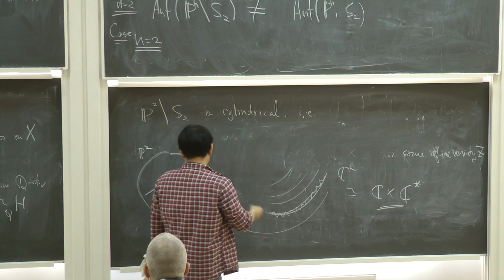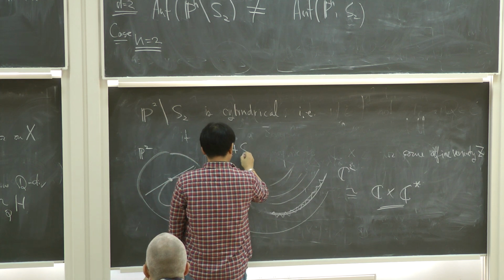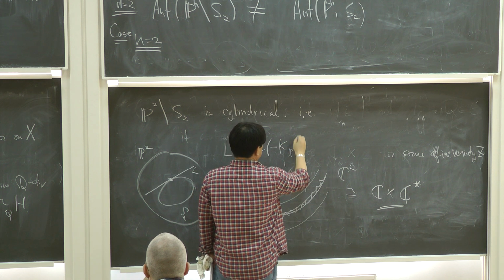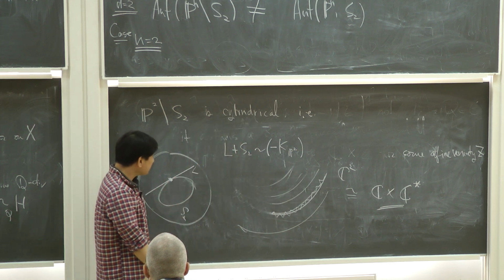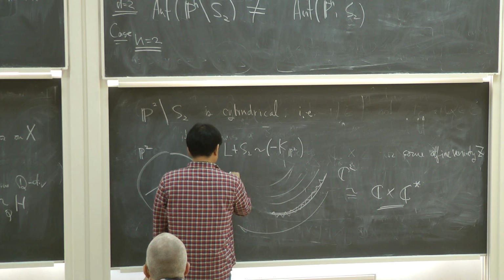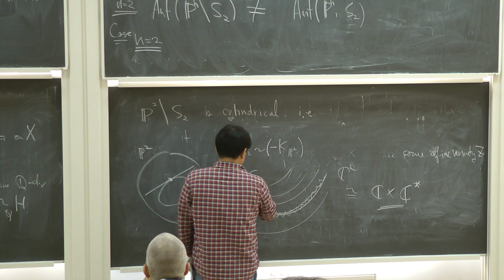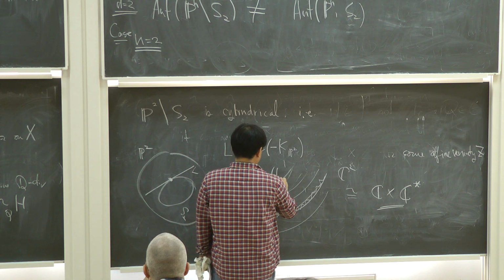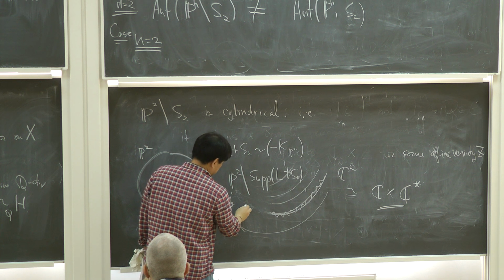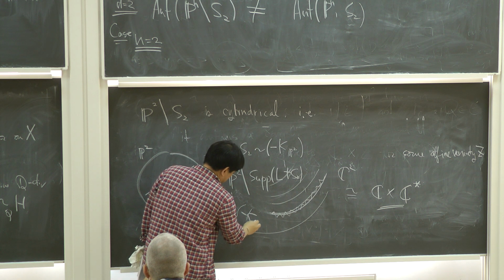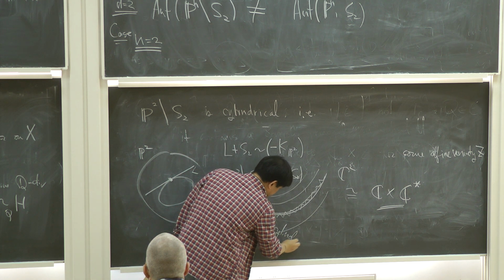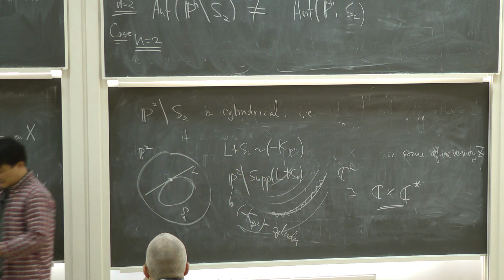And this L plus S2 is even linearly equivalent to the anti-canonical divisor here. So that means this complement in P2, the support of this L plus S2, is an anti-canonical cylinder. Right?